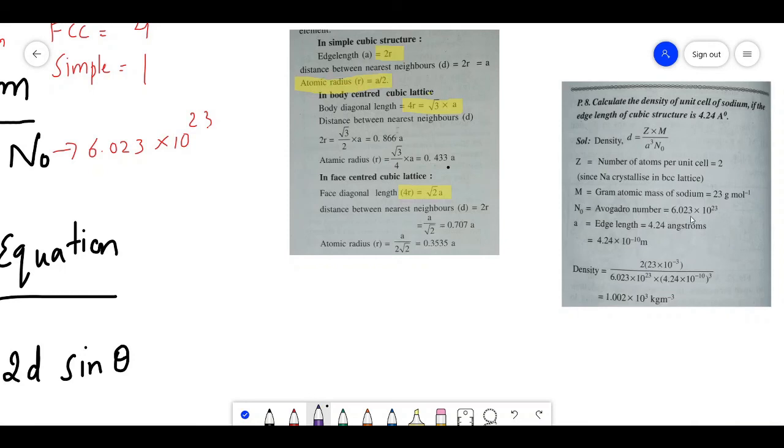And this is the Avogadro number. Edge length you have to take in meters, so 4.24 angstroms is 4.24 into 10 to the power of minus 10 meters. If you substitute these values, finally you get the answer. This type of problem may be asked in JEE Mains.